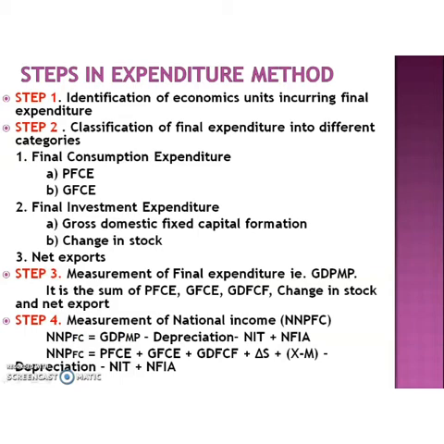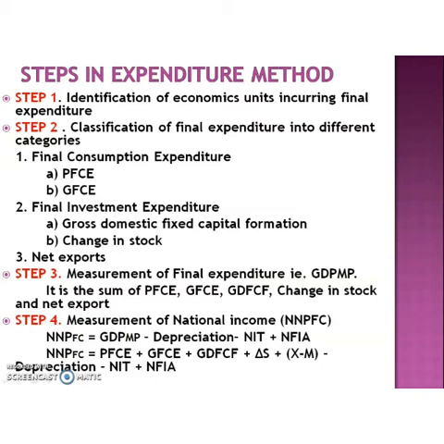Then the second step involves classification of final expenditure into different categories. The first category is final consumption expenditure, which includes private final consumption expenditure and government final consumption expenditure.